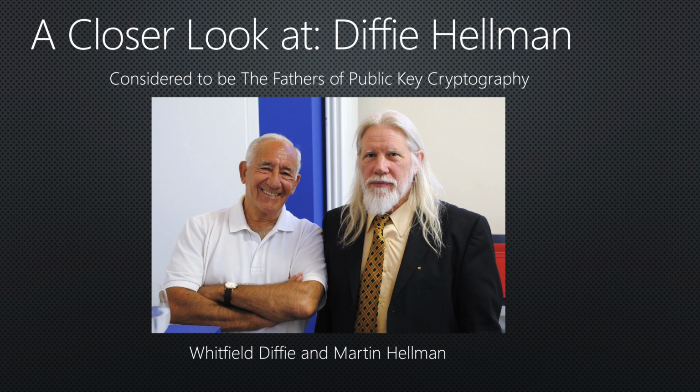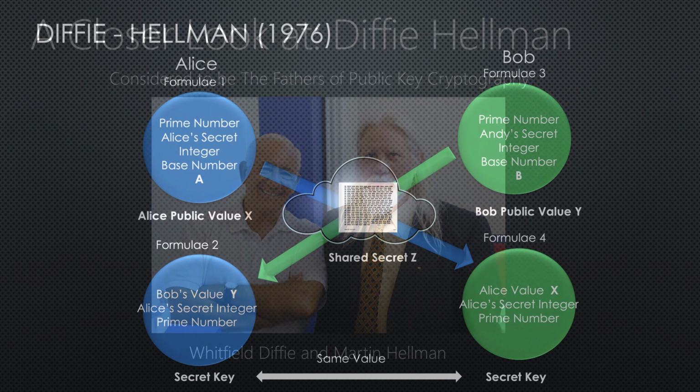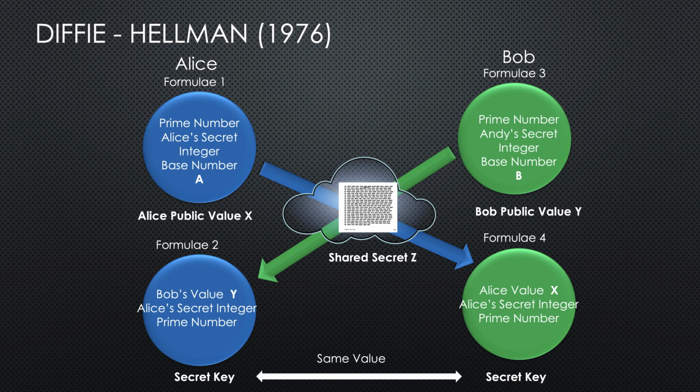Now, these 2 gentlemen, Whitfield Diffie and Martin Hellman, are considered to be the granddaddies of cryptography. Back in the day, they invented an amazing algorithm, and it was using a very simple premise. It used something called clock mathematics, and it went a little bit like this. So we've got Alice and Bob, and Alice generates a prime number.